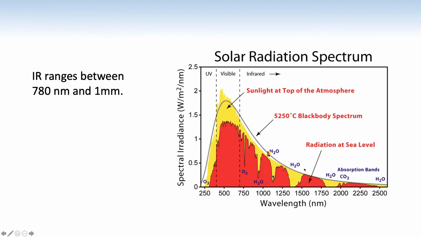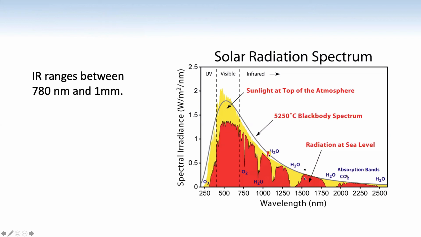So there are various places where H2O absorbs the infrared in the sunlight. Here is about less than 1,000. Here is about, I don't know, 1,100 nanometers. Here is a very strong absorption, which is about 1,300, 1,400, and so on.